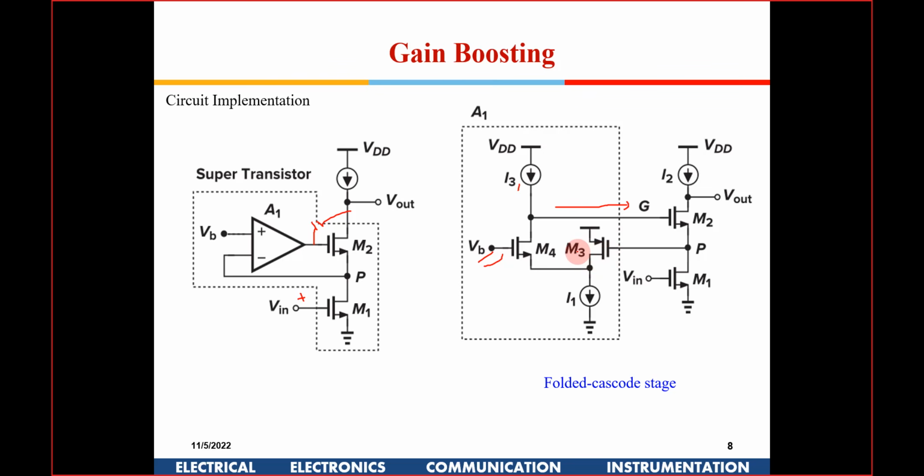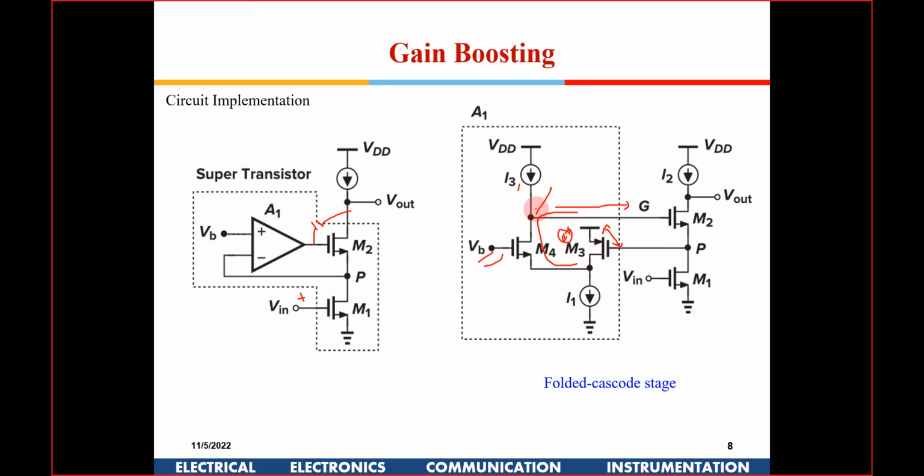Here it will be again GM3 into, see whatever, this is a current source, right? So this is the voltage which is being applied here, so it will be GM3 into that V in, so that same current will flow like this, right?